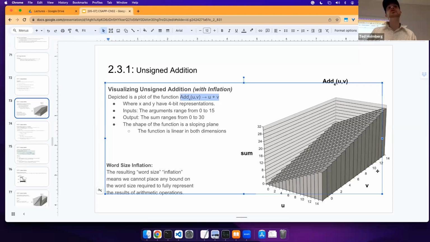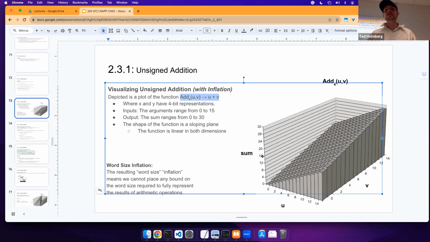And since the function revolves around adding those together, the sum axis that you see here can go up to 32, right? Because if I can have a maximum of 15 and I have another maximum of 15, you'll see we have a linear growth rate.